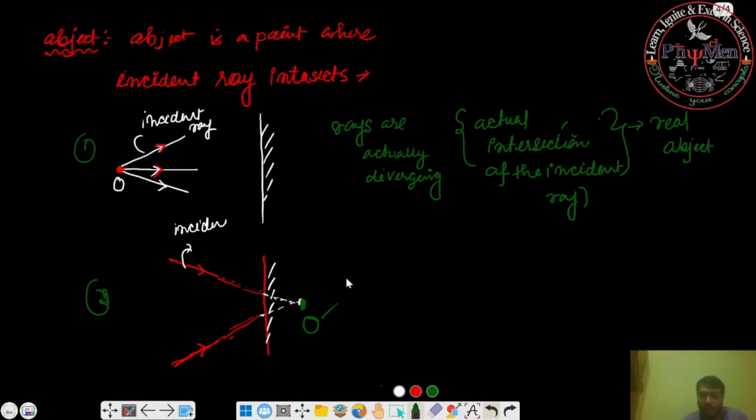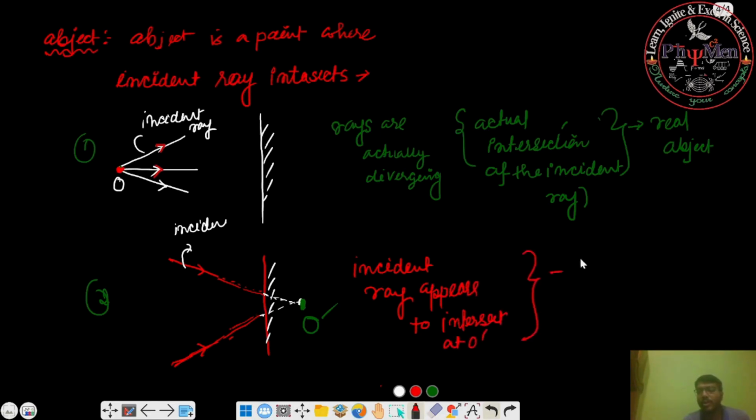But here the rays are not actually converging. Okay, means you can say here the incident ray appears to intersect at O dash.